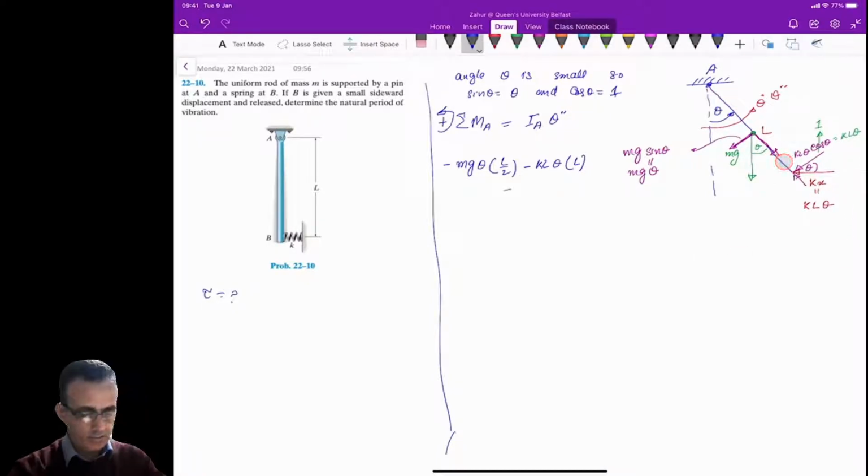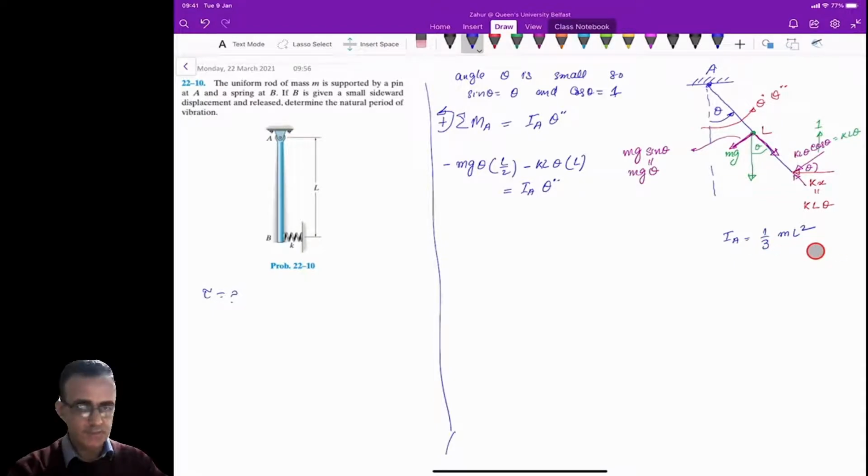And on the right hand side, we will have IA theta double dot. Now again, you can find this in the table that if you consider this rod here of mass m, length L, its I about this point is 1 over 3 ml square. So this is the I for this case.